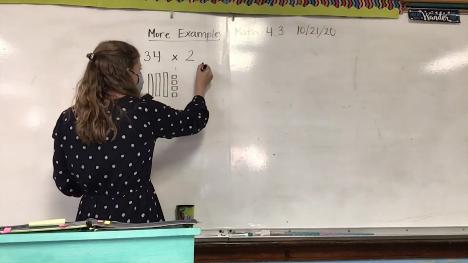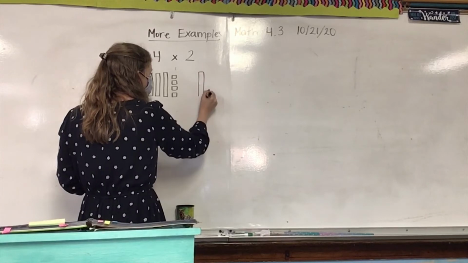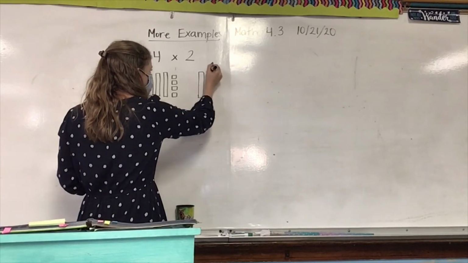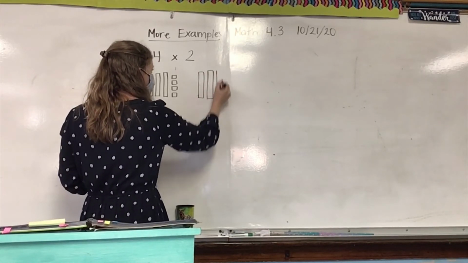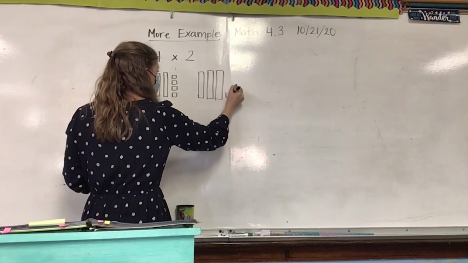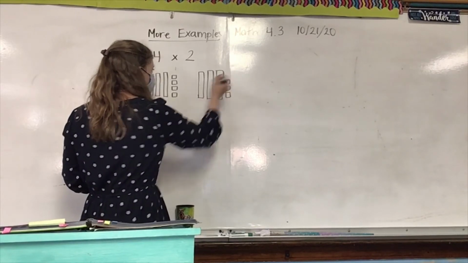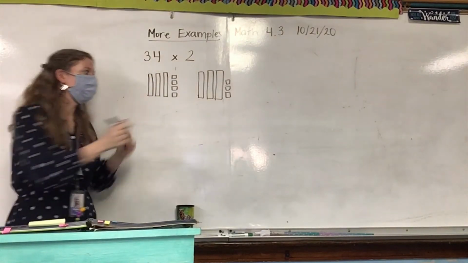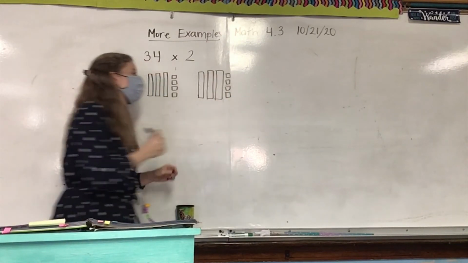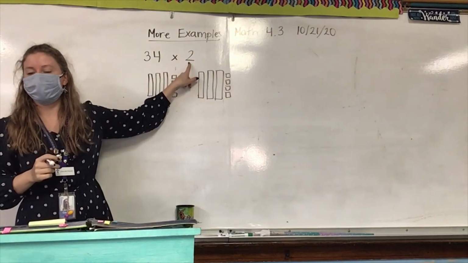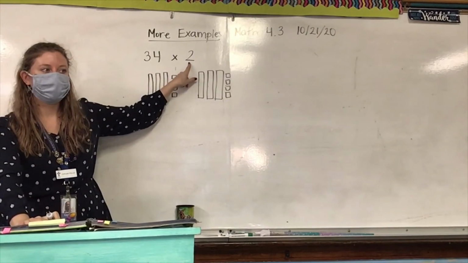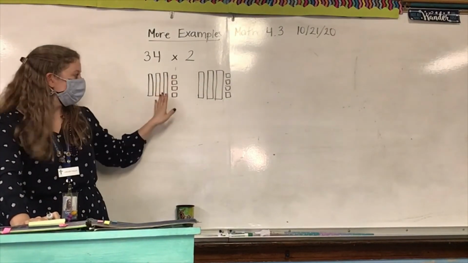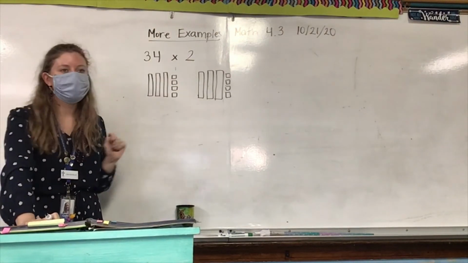So let me model it again. Good. So I take my larger factor, 34, and I model it the number of times my smaller factor tells me. So I model it twice.